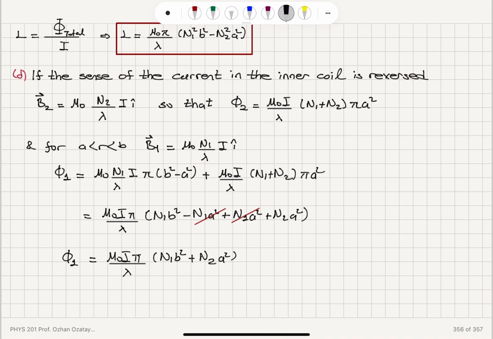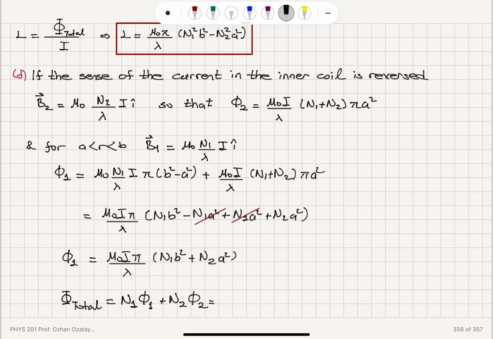Then what would be the total flux, capital Phi total? It would be number of turns in the outer solenoid multiplied by the flux through each coil, plus number of turns in the inner solenoid multiplied by flux through each coil of the inner solenoid.